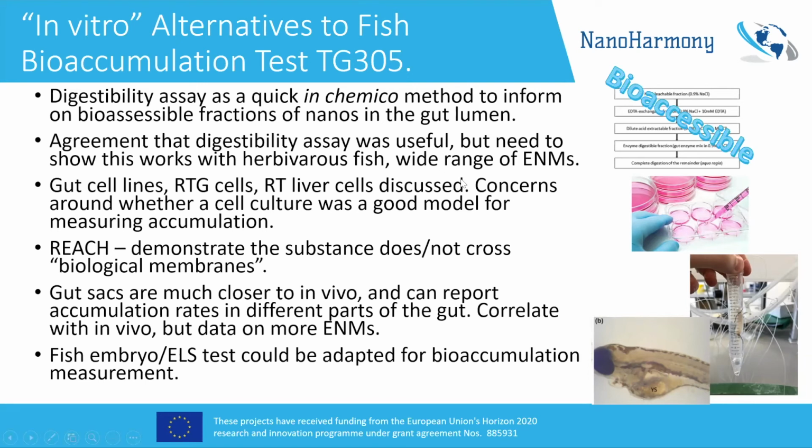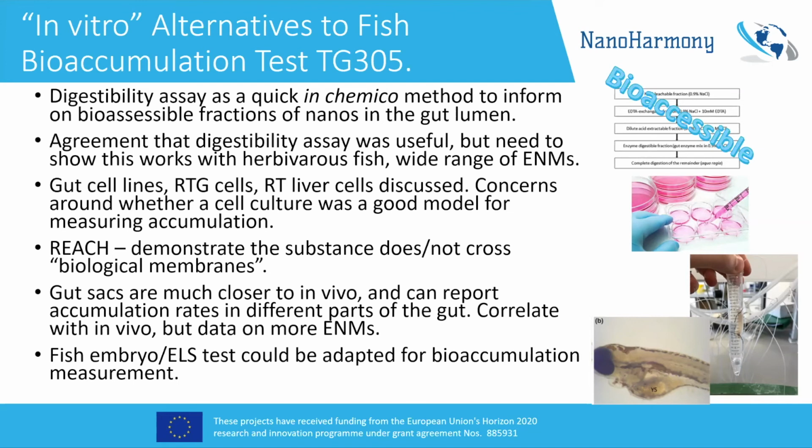We also had a discussion about other fish tests that weren't using adult animals, and of course there's the fish embryo test or fish early life stage tests. Those haven't been used for bioaccumulation measurements per se, but that's certainly something that we ought to look into.